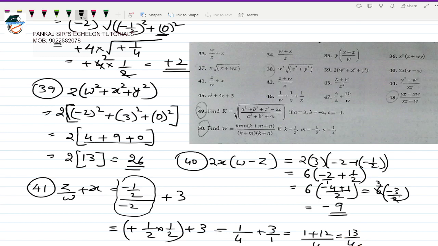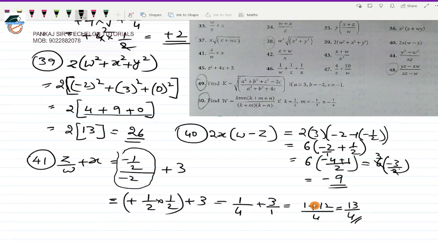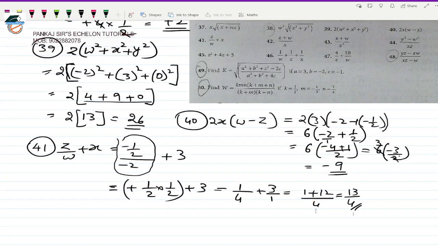So the answer for the 41 question is 3 1 by 4, but we are getting 13 upon 4, which is absolutely correct, because 13 upon 4 is an improper fraction, isn't it?